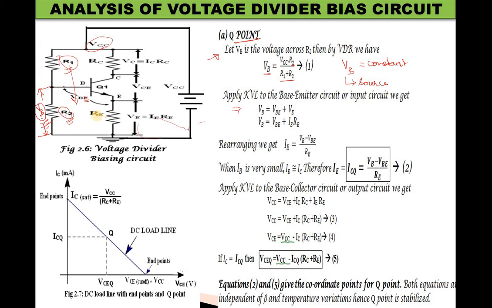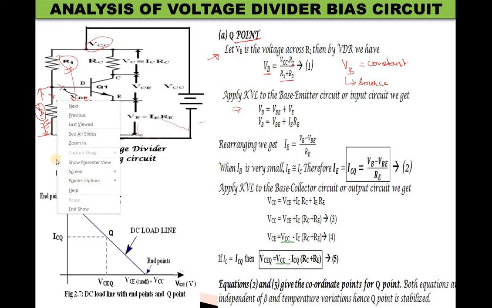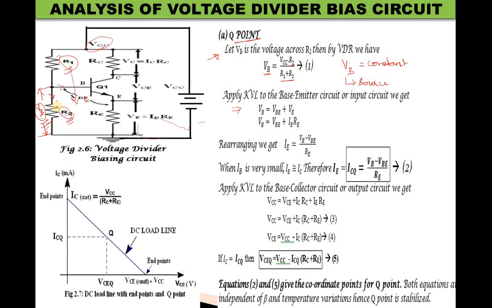Even otherwise, I can say current is flowing like this and like this. So, I can take the voltage drops and write the polarities. Current entering is positive, leaving is negative.